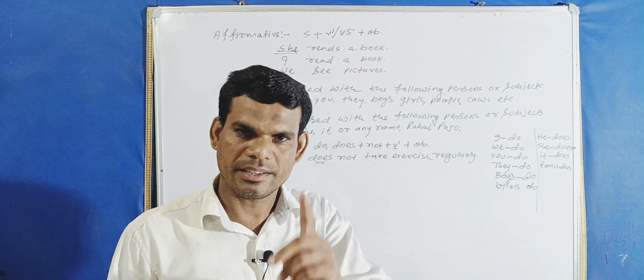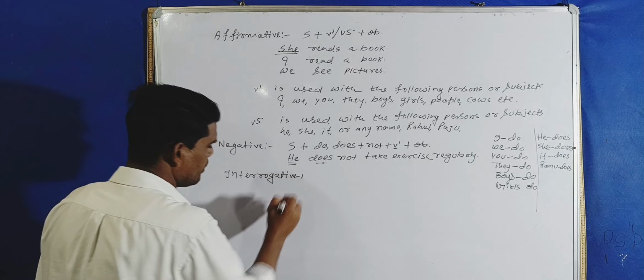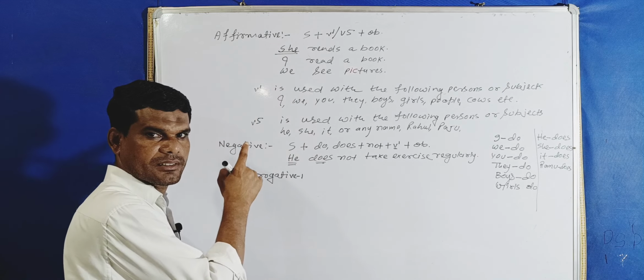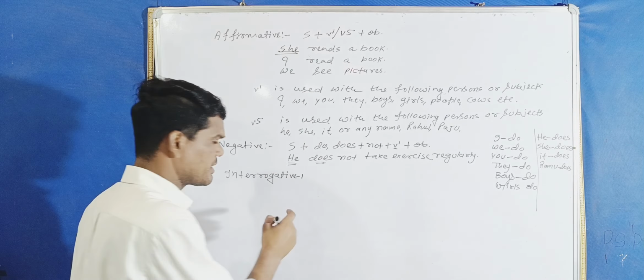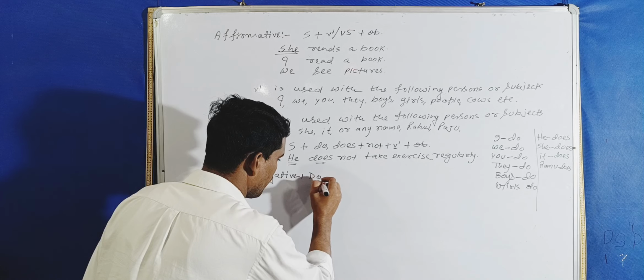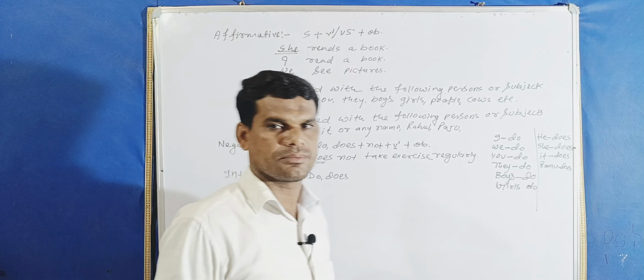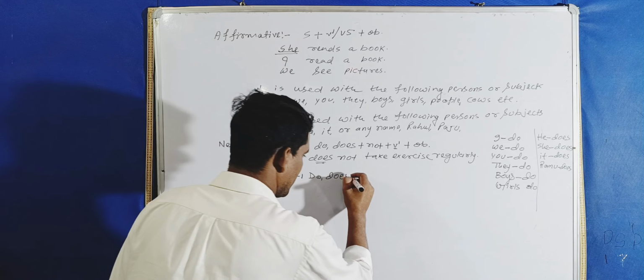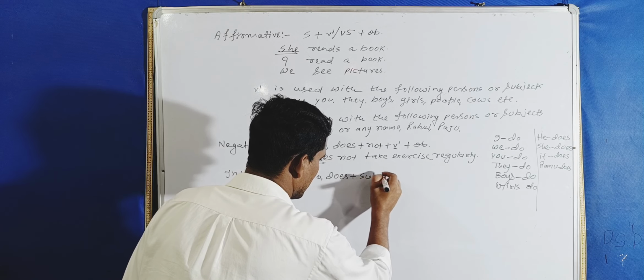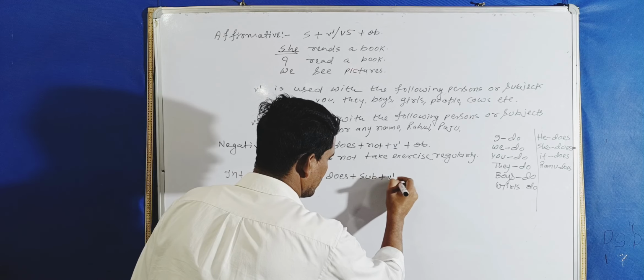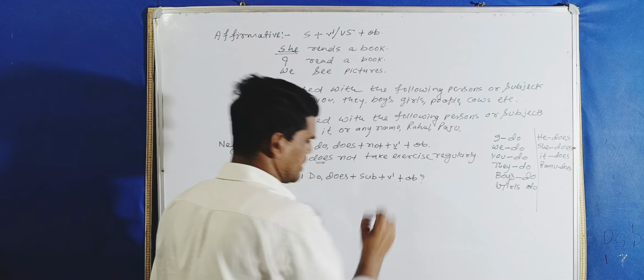Interrogative 1. First of all, in this tense, the simple present tense, do or does will come according to the subject, and then the subject, and then verb 1 and other words or object.